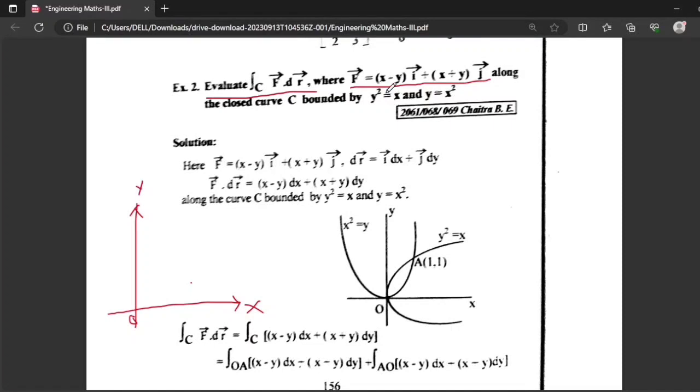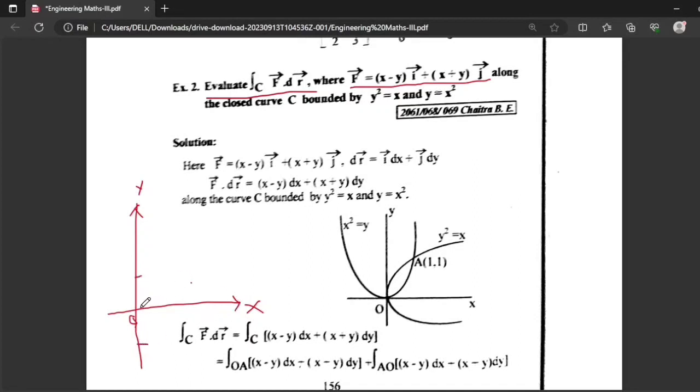For every positive or negative value of y, positive value of y is up here and negative value of y is below here. For every positive and negative value of y, the value of x is positive, because positive square is also positive and negative square is also positive. Minus 2 square is also 4 and 2 square is also 4. So for every positive and negative value of y, the x will be positive.